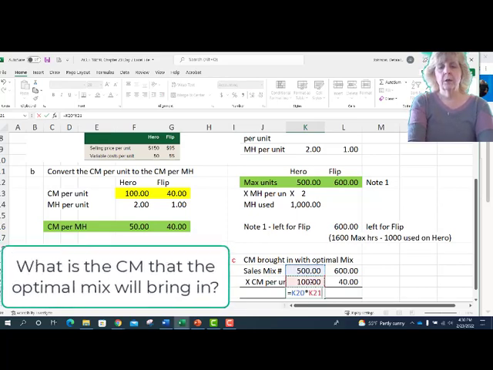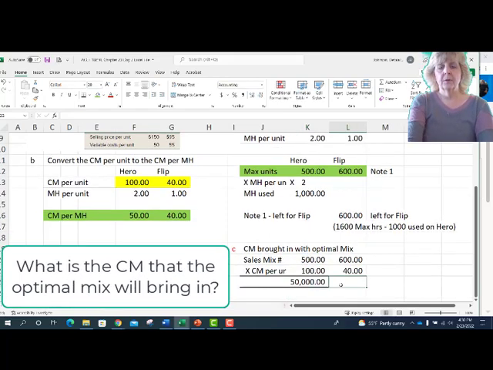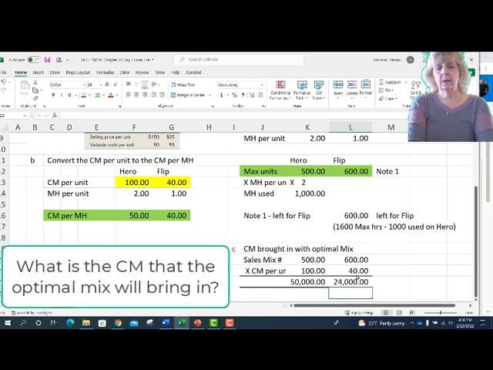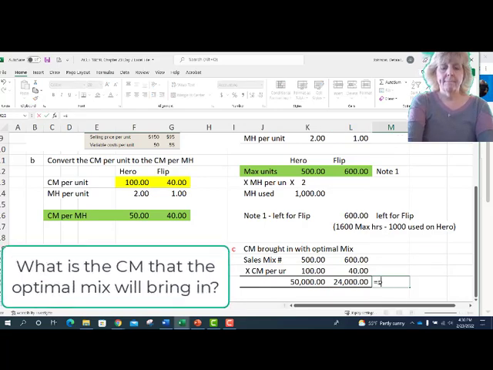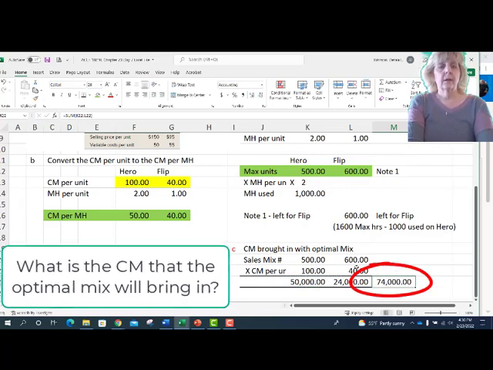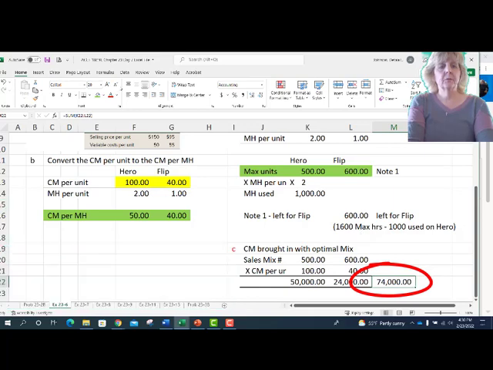500 times 100 will give us 50,000. 600 times 40 will give us another 24,000. And when I add that up, probably do that in your head, but I'll let Excel do it. That gives us the answer that the maximum sales mix that we just computed would result in $74,000 of contribution margin.